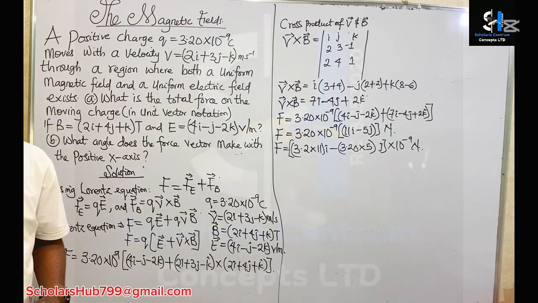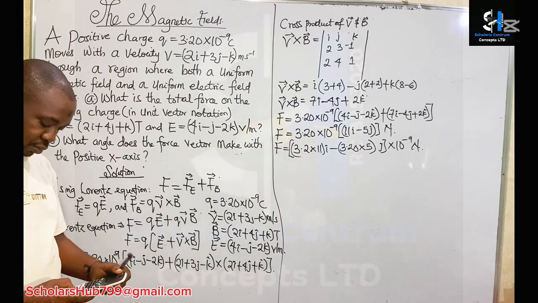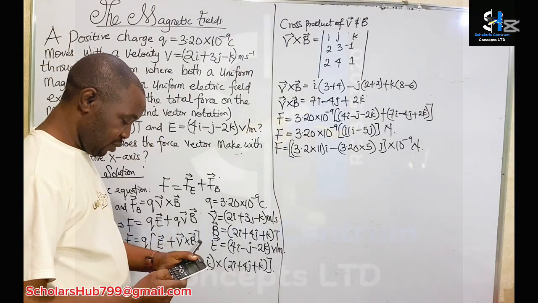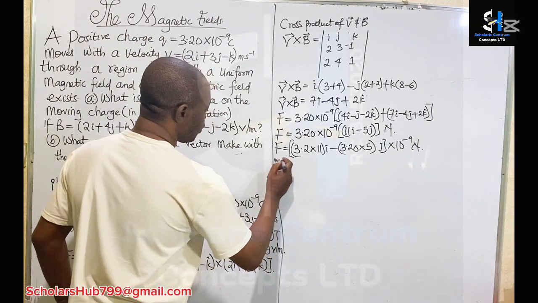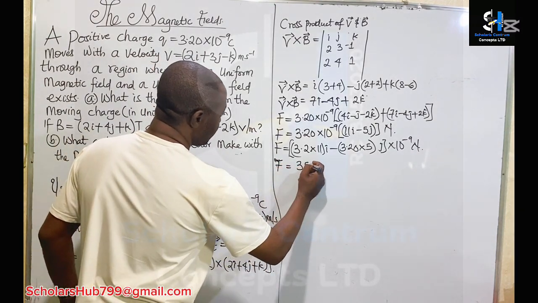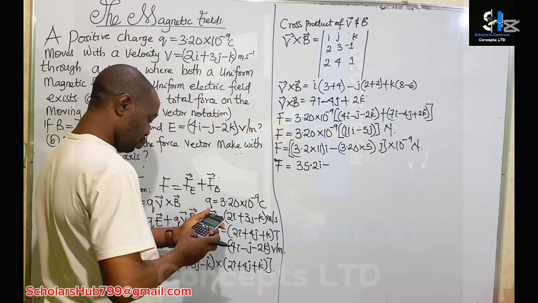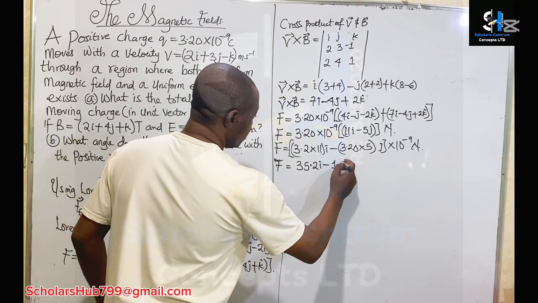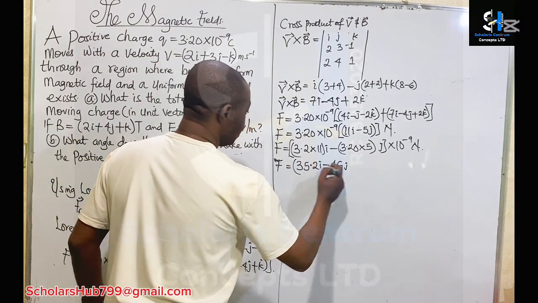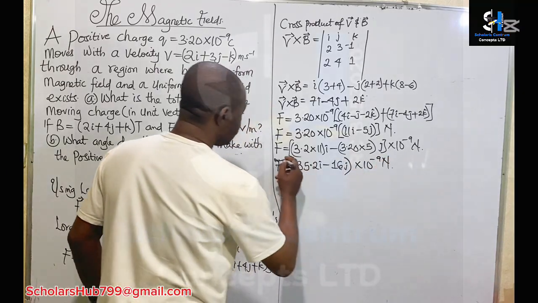So what is 3.2 multiplied by 11? That will be 35.2. So we have F equals 35.2i. Now we also have 3.2 multiplied by 5, that will be 16. So we have 16j, times 10 raised to the power of negative 9 Newton.